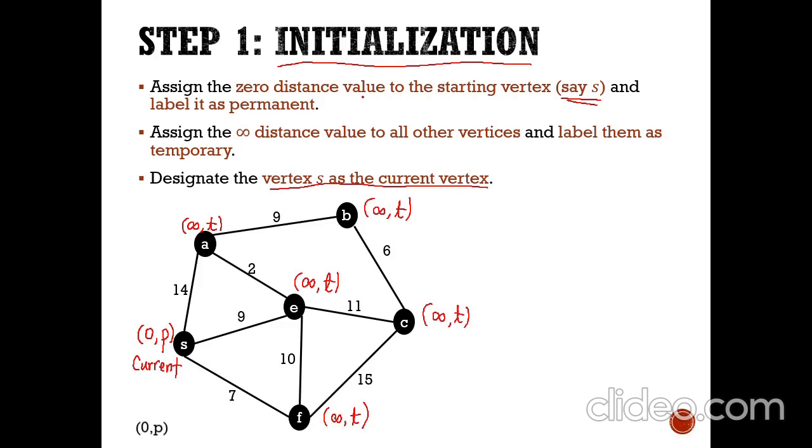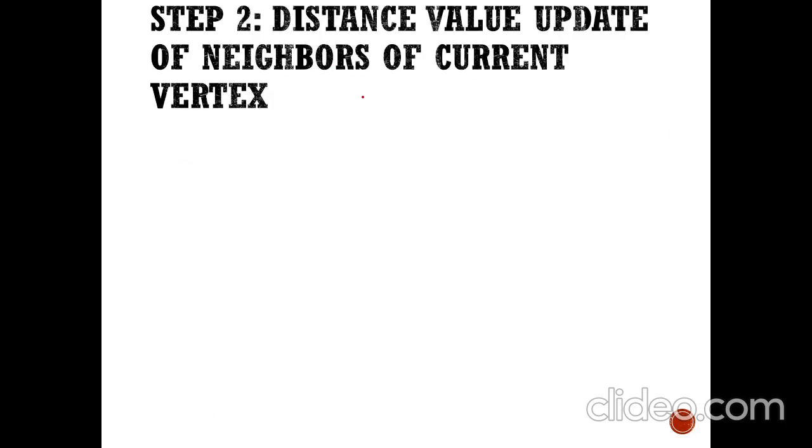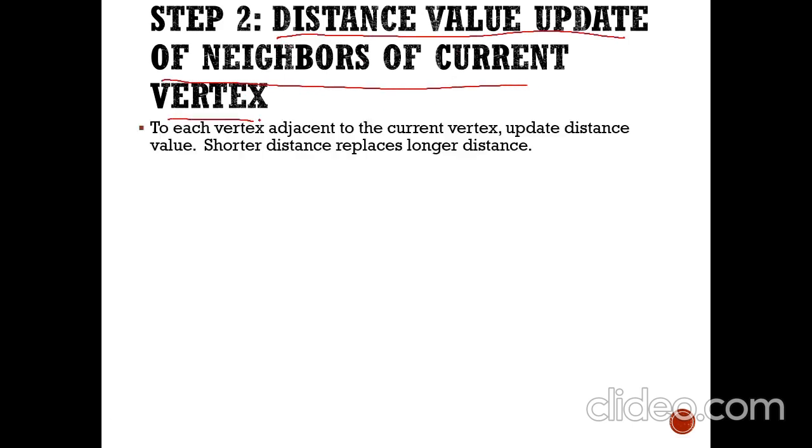Now let's go to step 2. Okay, for step 2, we will update the distance value of the neighbors of the current vertex. Again, we will update the distance value of the neighbors of the current vertex. So how do we update?